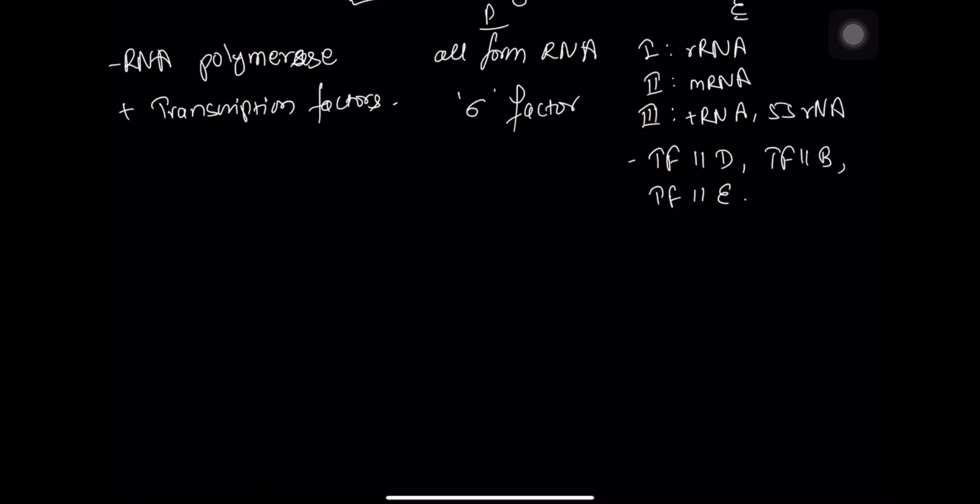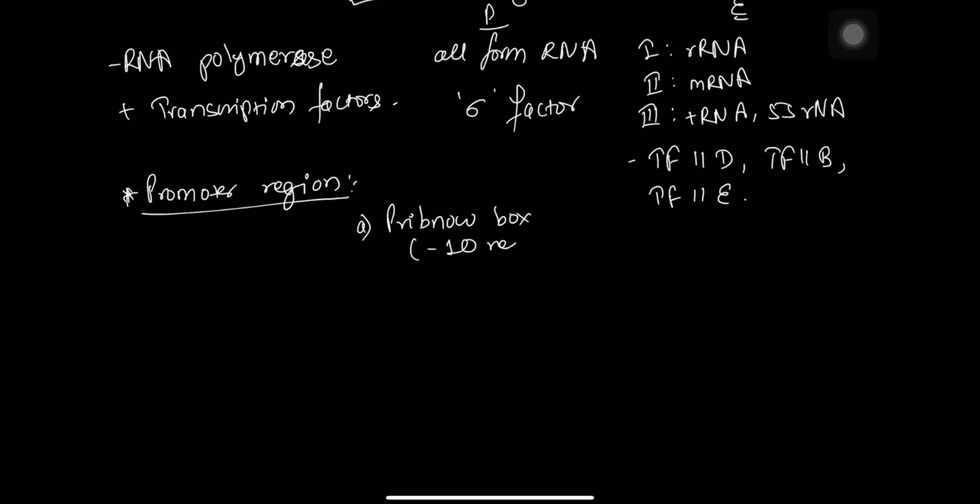Now the promoter regions are also different in eukaryotic cells and prokaryotic cells. In prokaryotic cells, the promoter element is known as the Pribnow box or -10 region. Another is the -35 sequence or -35 region.